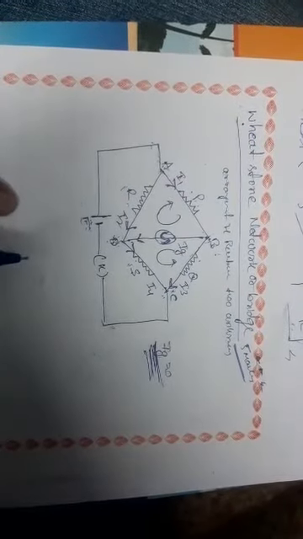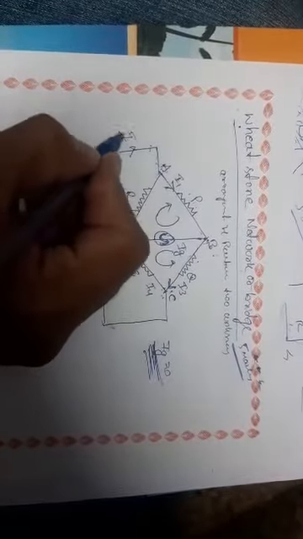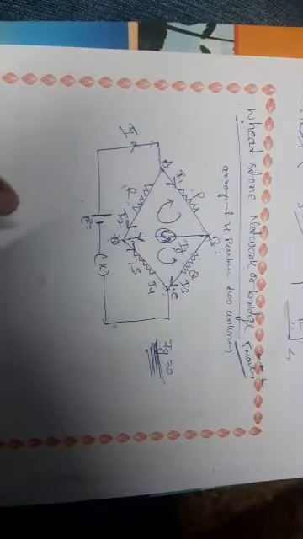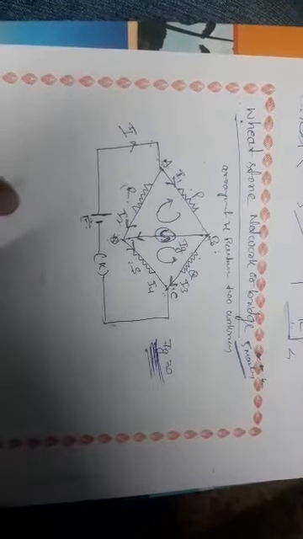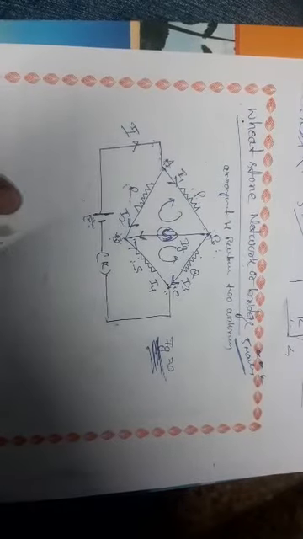When a current I flows in this circuit, the current through the galvanometer, Ig, can be altered by varying the resistors.